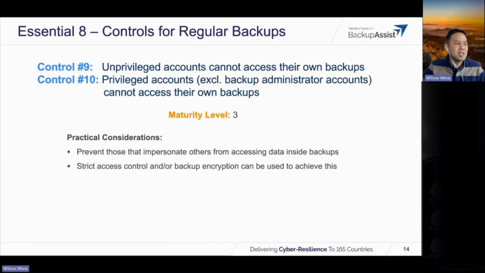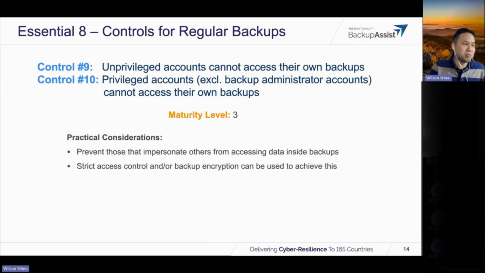This is to prevent the situation where somebody is impersonating another user, and in that case, they may get access to the backups. And remember, your backup is effectively all your data. So they can get access to all the sensitive data that's inside the backups. So you want to prevent that.